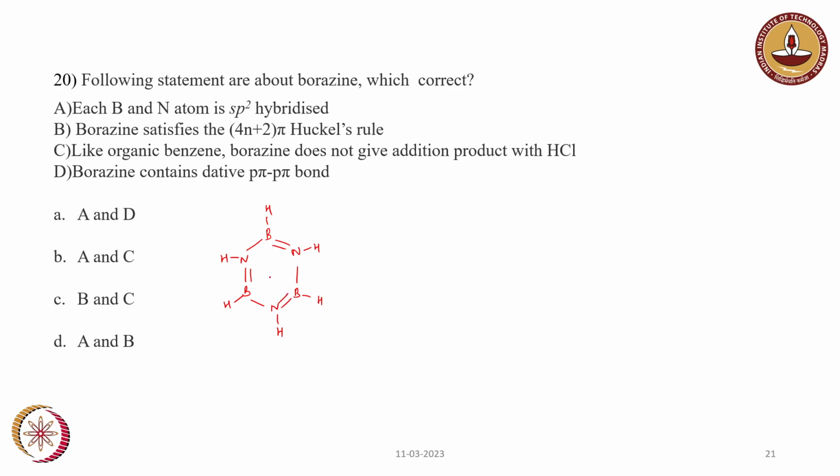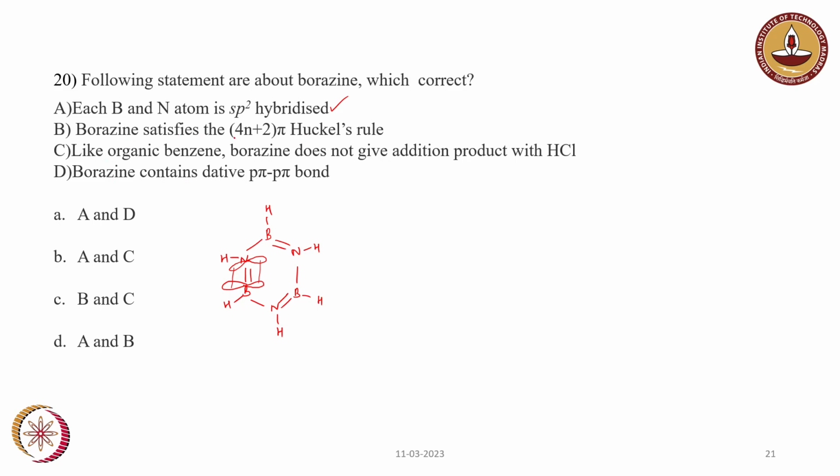This structure is possible only when boron and nitrogen are sp2 hybridized, because for double bond formation we need unhybridized p orbitals so that they can overlap in parallel fashion, so a pi bond is formed. There will be unhybridized p orbitals like this. These will overlap like this, and a pi bond is formed. And so this statement is correct.